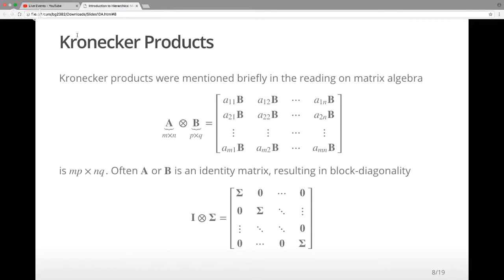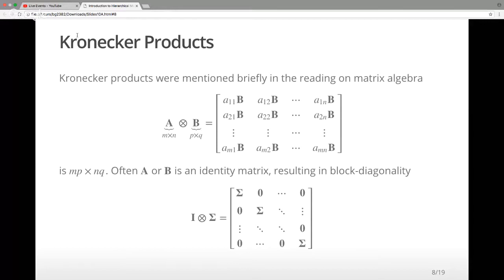So we take the top left element in A, A11, multiply it by the p by q matrix B, and the whole top left block of p rows and q columns is B scaled up by A11. Then we do it next to that for A12, and below that for A21, all the way down to the last scalar in the bottom right of A, multiplied by B, filling in the last p by q block in the resulting matrix.